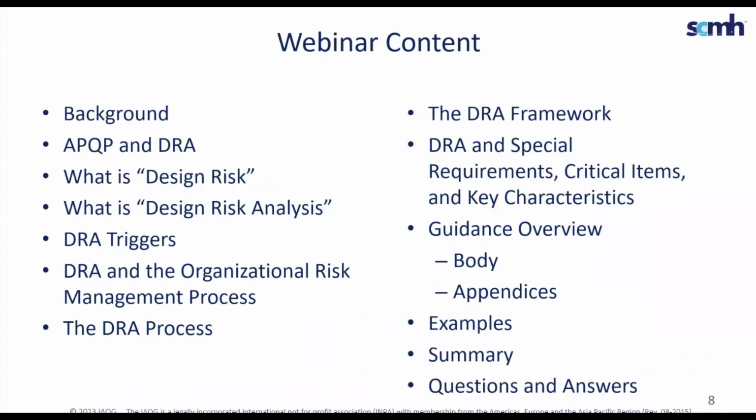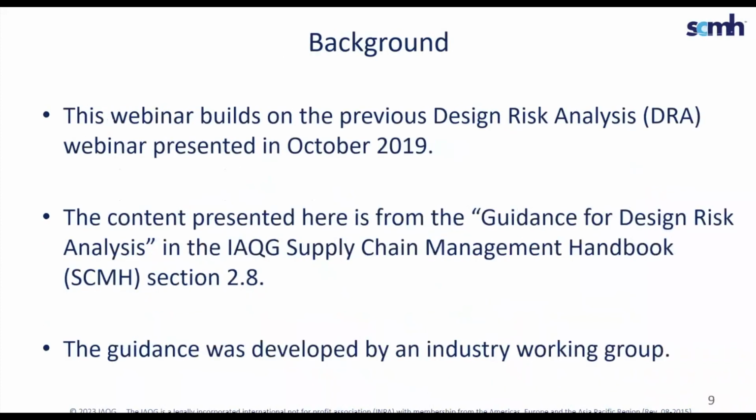We will provide an overview of the guidance, how it is formatted. We will provide some brief examples, and we'll finish up with a summary. We will allow some time for questions.